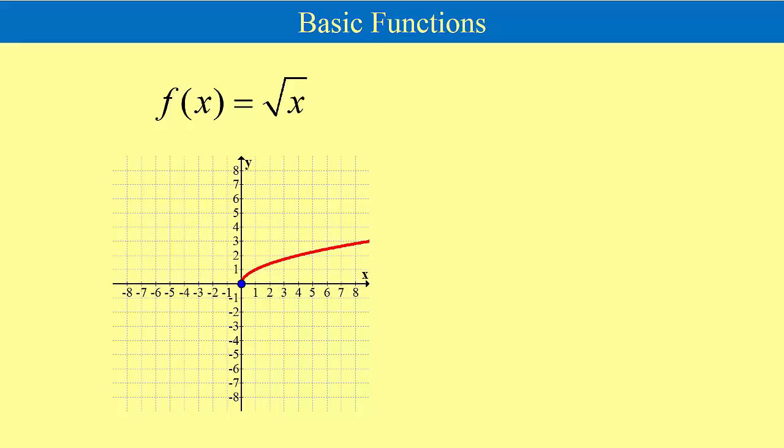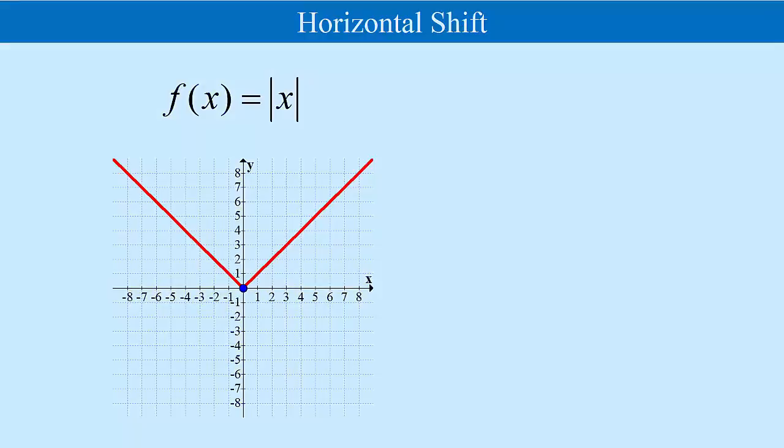So, taking our basic functions, let me show you some changes. Here is the function absolute value of x. Do you see that in this function the only difference between the two is inside of the bars, where f of x, the first one, has an x, the second one has an x plus 3.